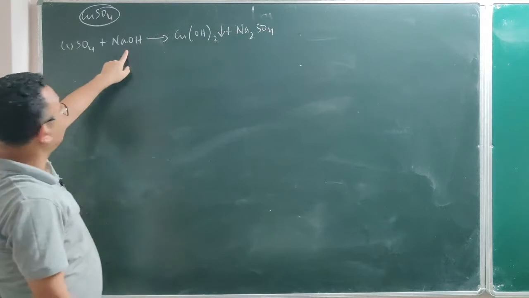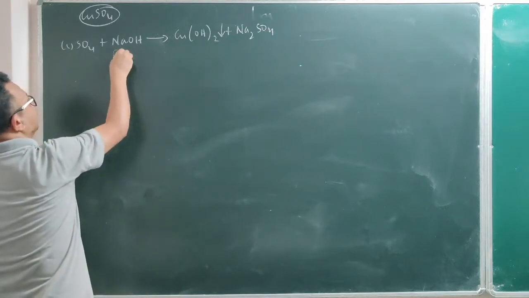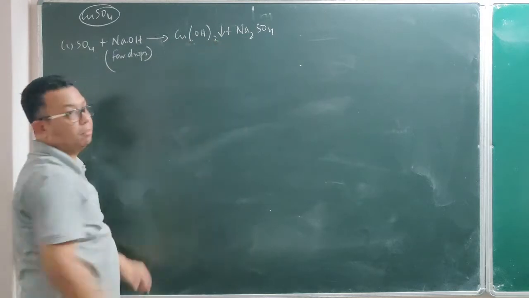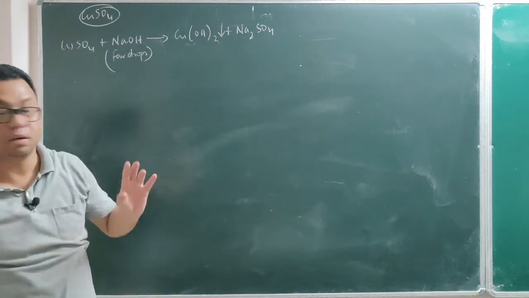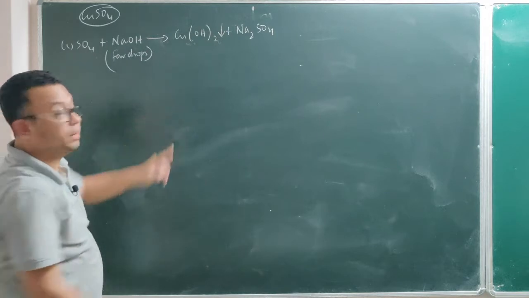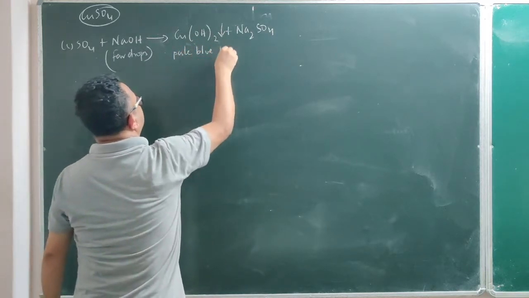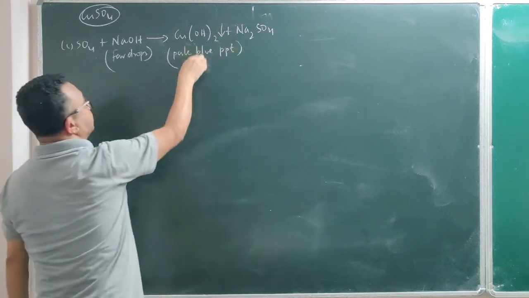So when you add a few drops, you added only a few drops of sodium hydroxide, and immediately a precipitate came out. And just now I gave you the chart: in copper, the precipitate color will be pale blue. So here it is, a pale blue precipitate.